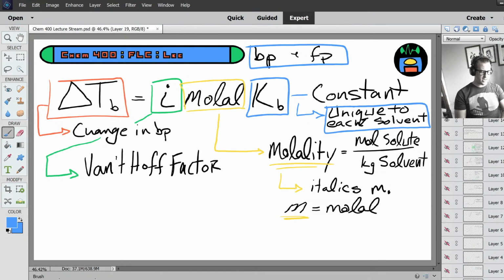Let's talk about what the van 't Hoff factor is. That's the one thing we haven't covered yet.